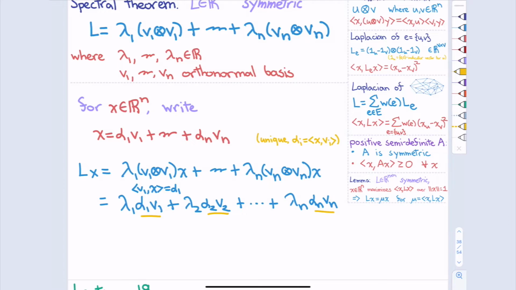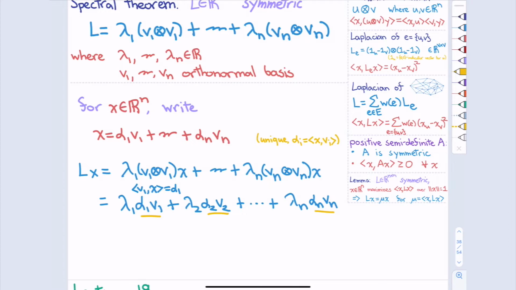The only thing is that it's in some basis that's unknown unless you do some optimization to figure out what the basis is. So there's some change of coordinates, but if you look at L the right way, it's fundamentally a diagonal matrix that's just stretching out each of the coordinates.